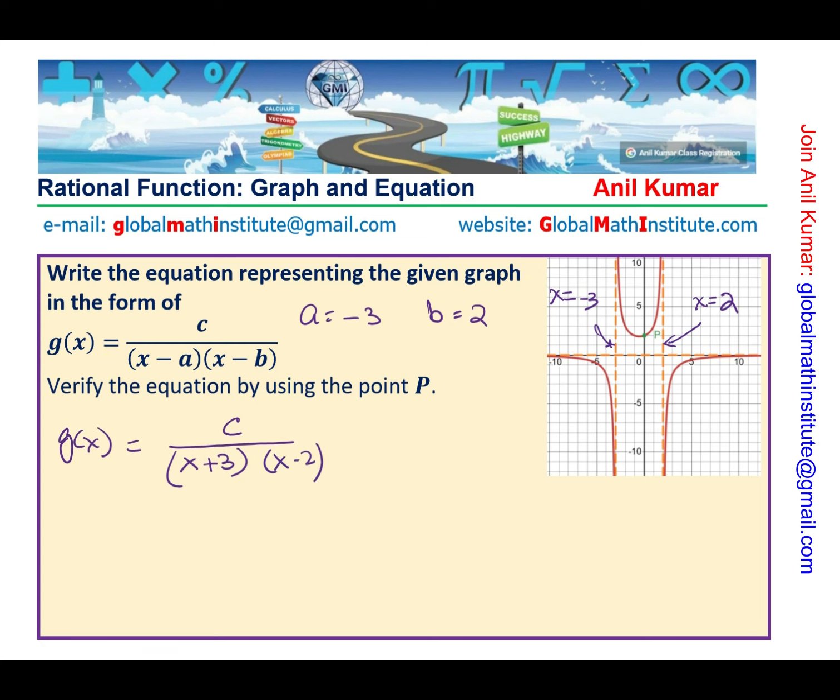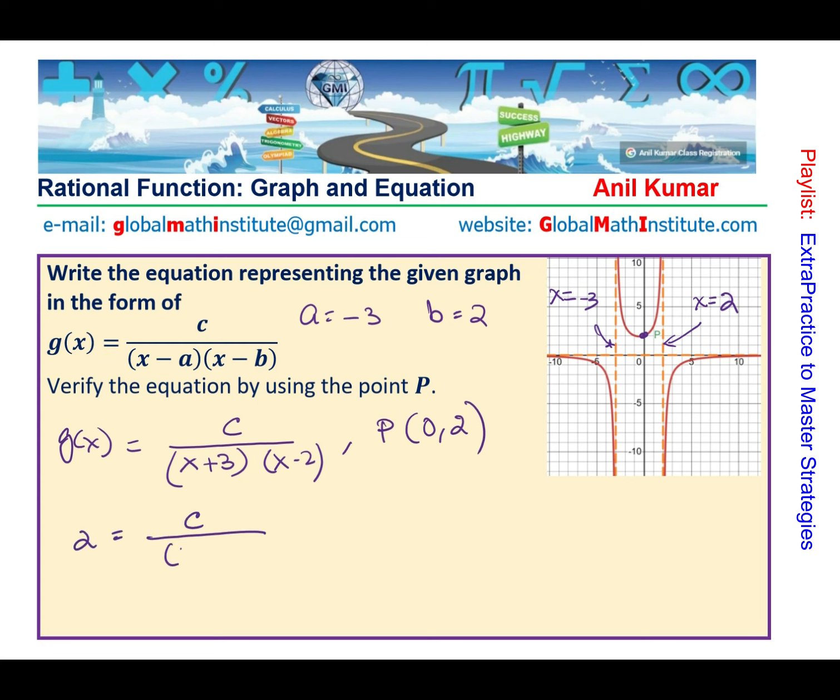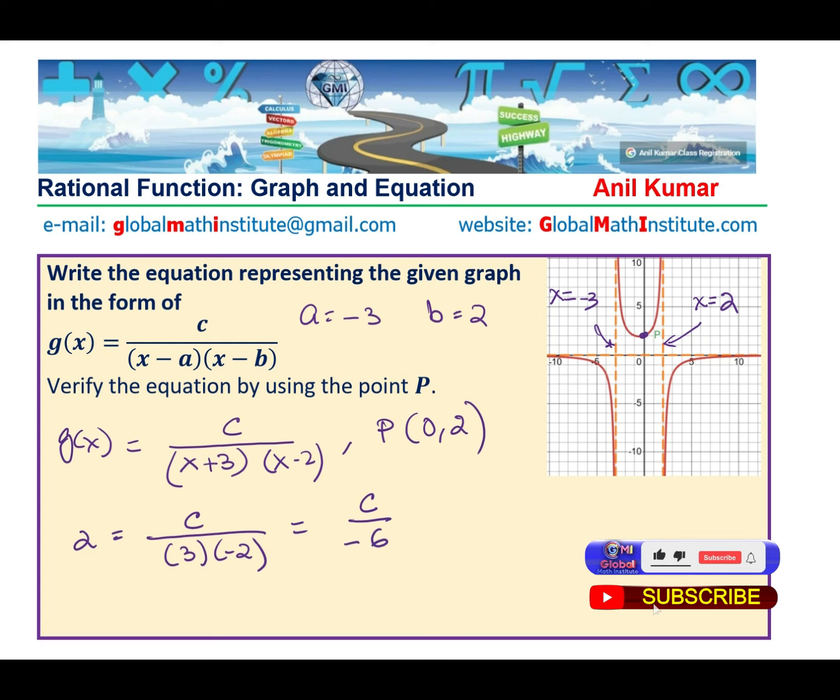Now look for the point. Point P is the y-intercept given to us as 0, 2. So write down point P as 0, 2. Substitute in the function to find the value of c. So we have 2 equals c over 0 plus 3 times 0 minus 2, which is c over minus 6.